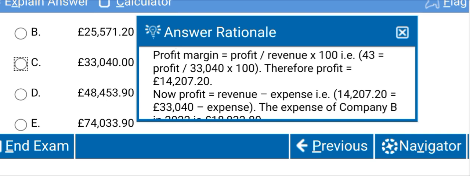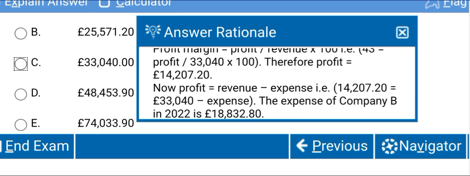Therefore profit equals 14,207.20 pounds. Now profit equals revenue minus expense, that is 14,207.20 equals 33,040 pounds minus expense. The expense of company B in 2022 is 18,832.80 pounds.